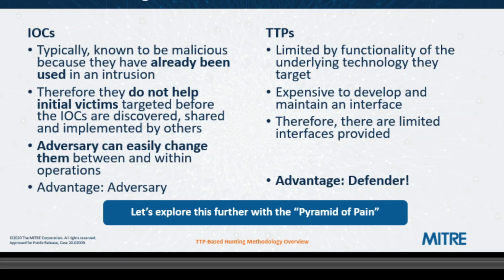For example, if they're going to conduct their operation on Windows, they're going to need to interact with Windows. And they're going to interact with Windows using the APIs that Windows presents in a lot of cases. And so there's a natural constraint there for adversaries at the TTP or behavioral level that we can capitalize on as a defender to give us a bit of an advantage.